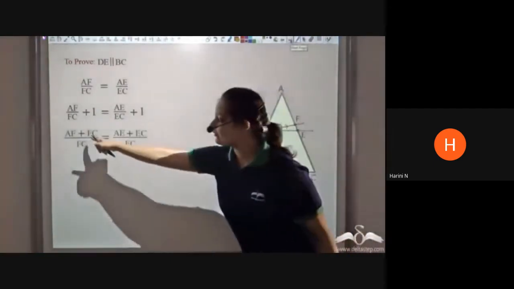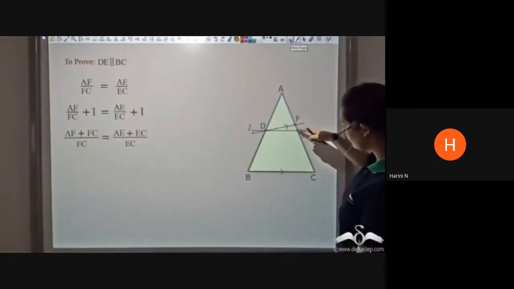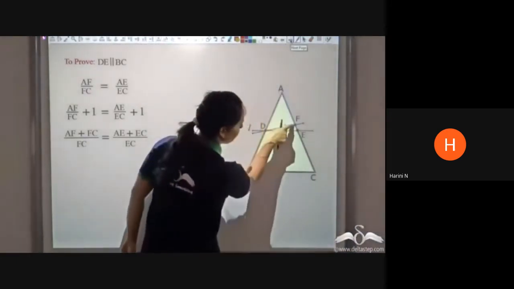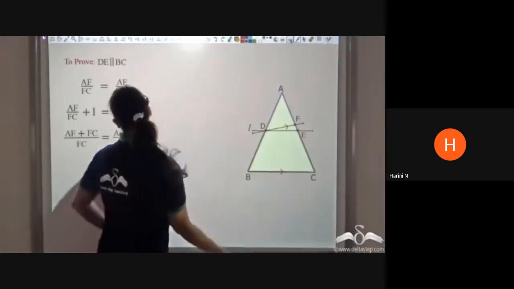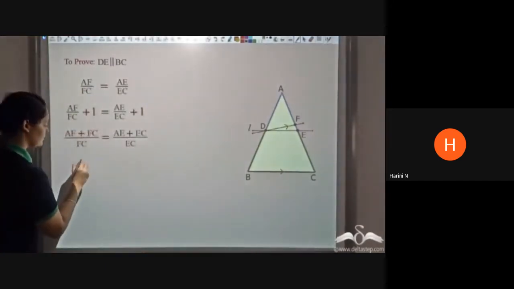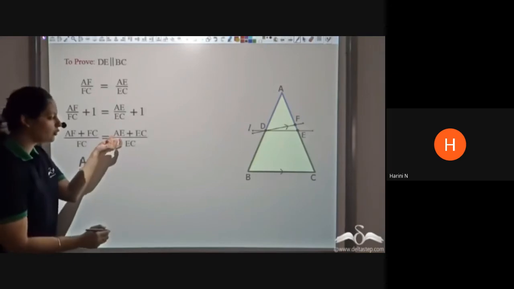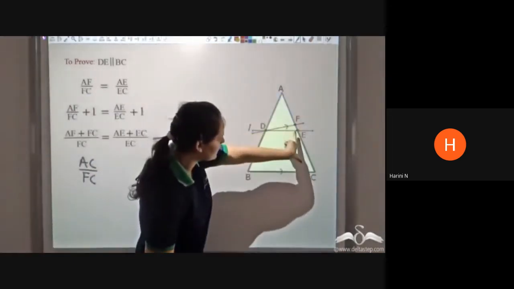Now what is AF plus FC? Let's look here. AF plus FC is actually equal to AC. So here I get AC by FC. Now I want to look at AE plus EC. What is AE plus EC?